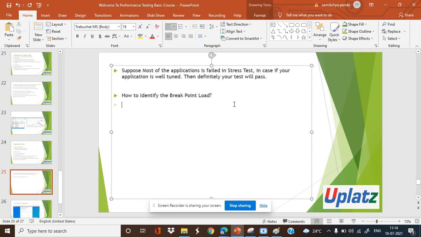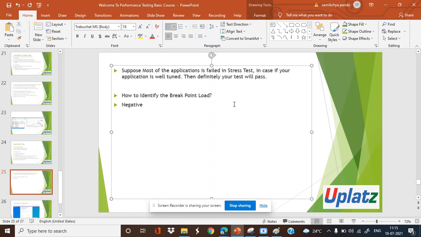Definitely this is a negative kind of testing. I already told you there is some negative testing we need to perform to ensure our application is fine. Definitely for functional tests also we try to derive some negative test cases or negative scenarios.